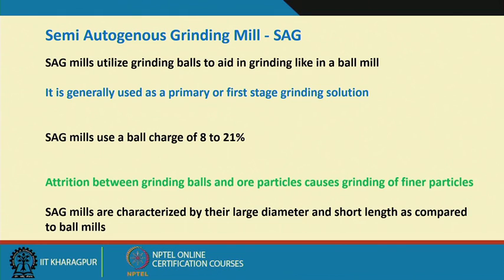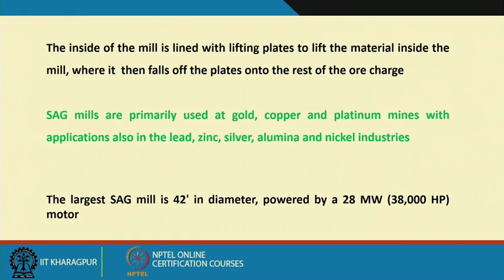If I have a smaller length, the particles will go out of the system sooner, or the residence time of the particles inside my mill will be reduced. So, that is the basic design difference between a ball mill and your SAG mill, semi autogenous grinding mill. It has a large diameter and relatively shorter length as compared to ball mills.